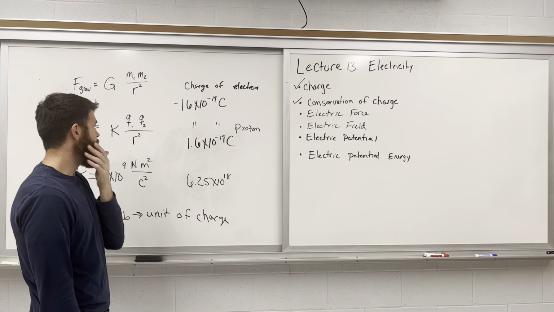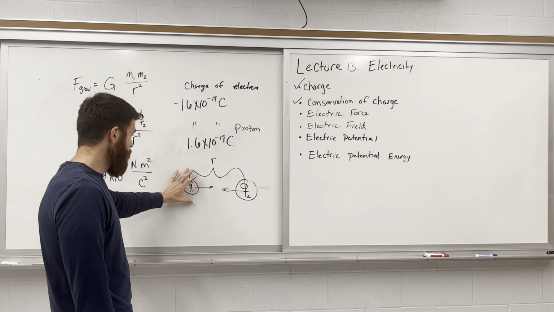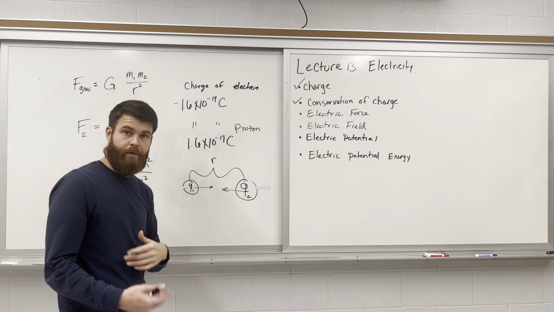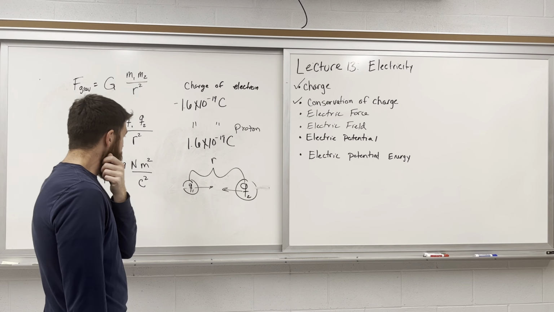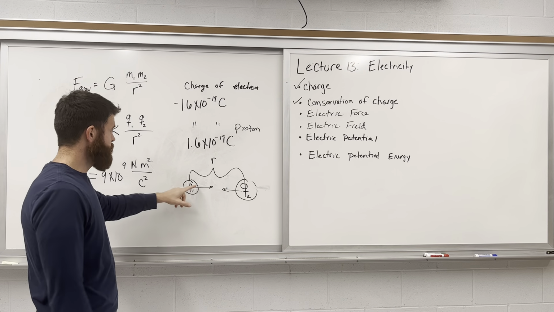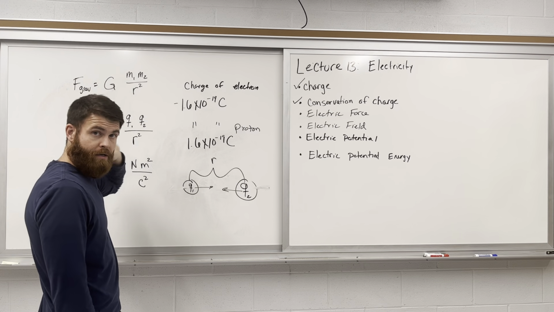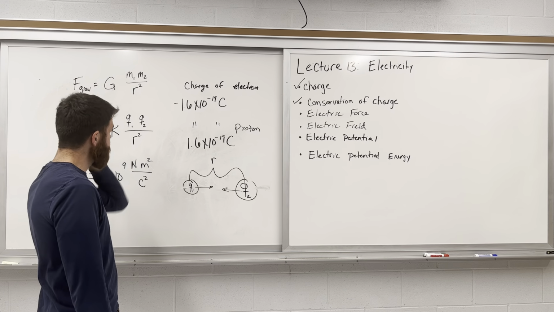If you double the charge of one of these, you would double the force on both. So the electric force on 2 charges is proportional to the product of the 2 charges and inversely proportional to the distance between them squared. So that is the electric force.